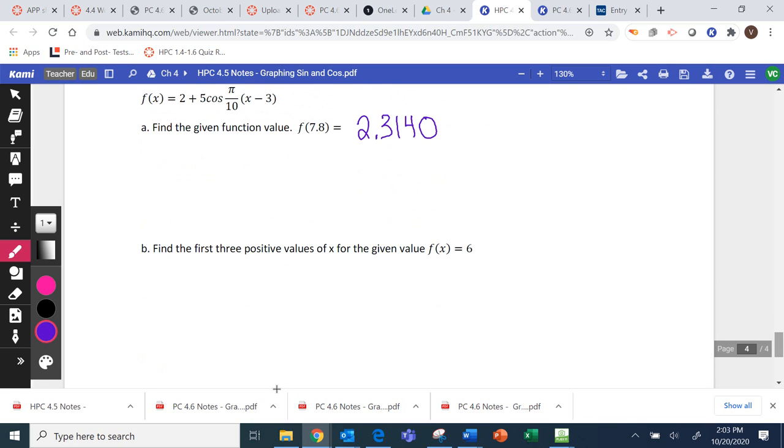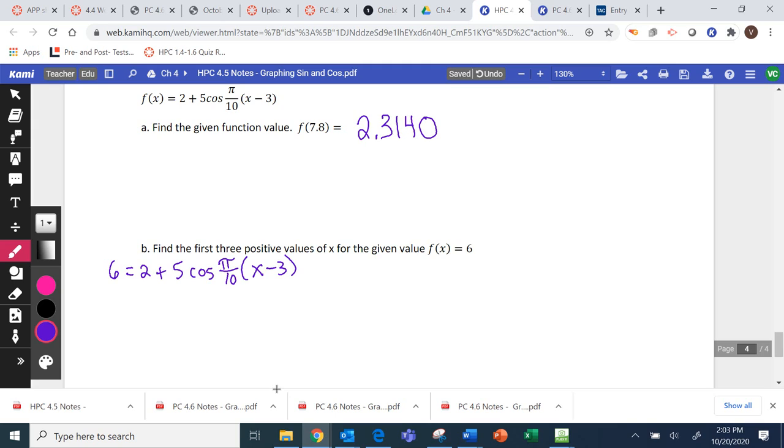So if we are finding where this equation equals 6, I'm going to have 6 equals 2 plus 5 cosine of pi over 10 times x minus 3. Now we are solving for x. We're going to get x by itself. What would I do to both sides first? I'm going to subtract 2 first.